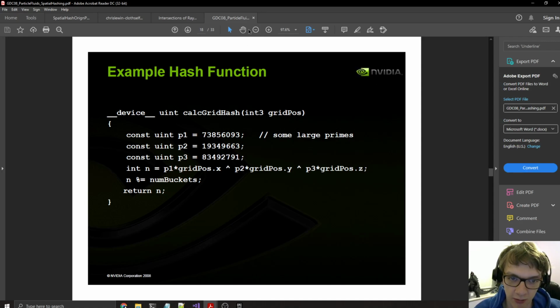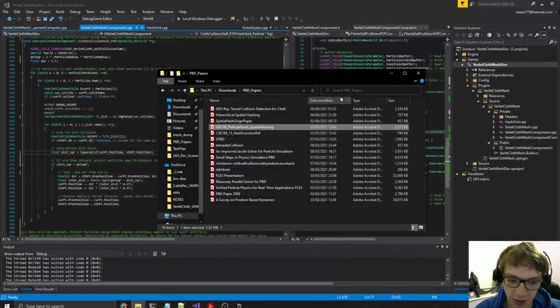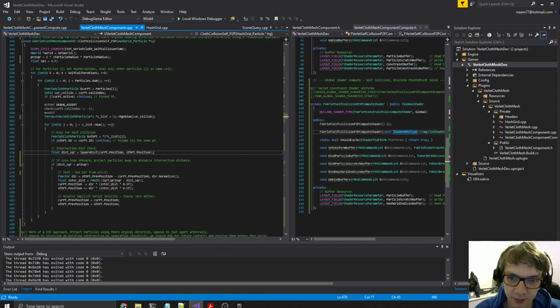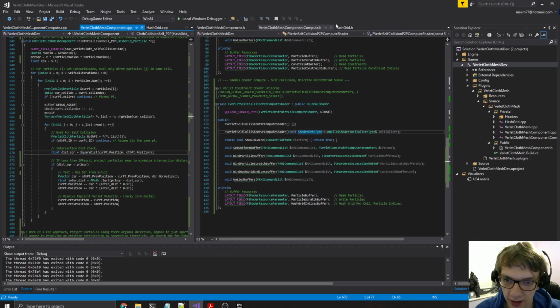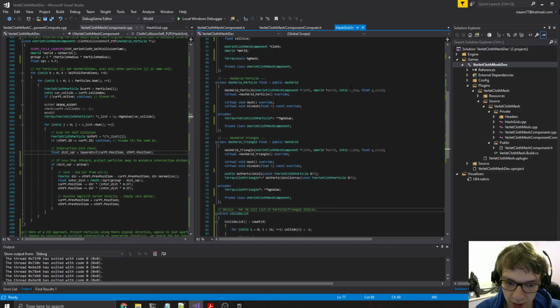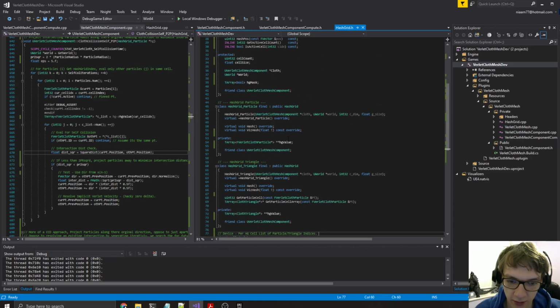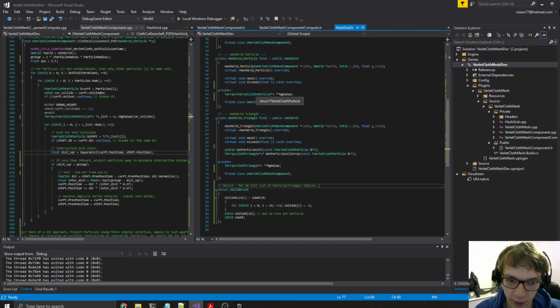So particles are spatially organized into cells that are stored in this hash grid class here, which essentially just stores an array of arrays. It's actually an array of pointer arrays, because we don't want to store arrays for cells that haven't been used. So we only allocate cells in the hash grid that actually have particles in them.